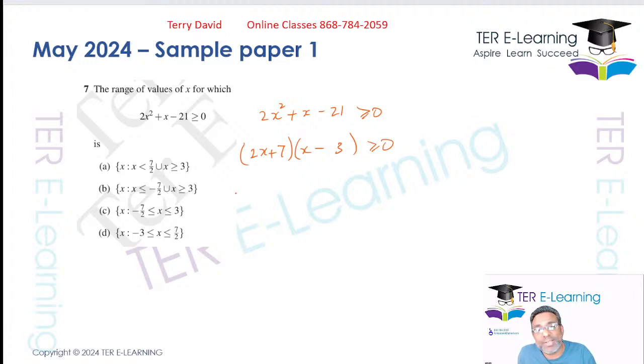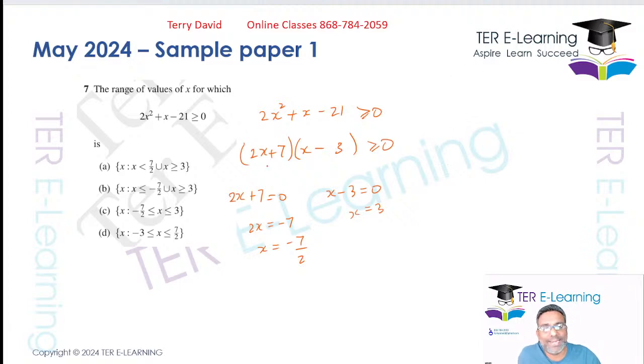So just like in the previous question, what you should do is figure out your root values. In this case, you're going to get 2x is equal to negative 7, x is equal to negative 7 over 2. Then we're going to say x minus 3 is equal to 0, and therefore x is equal to 3. So those are my root values that I'm going to use to come up with the answer.